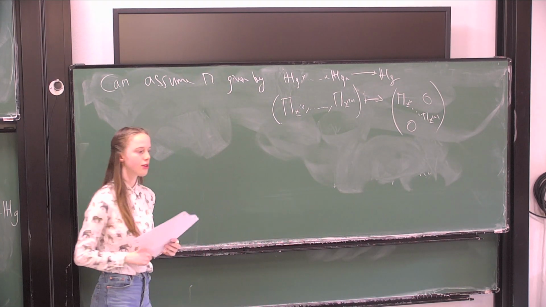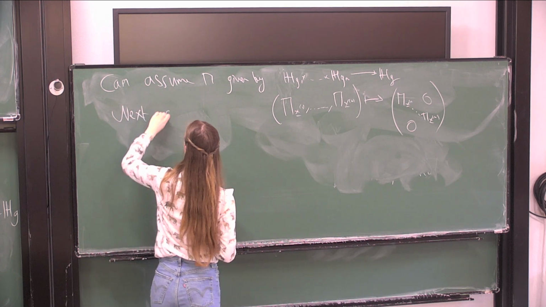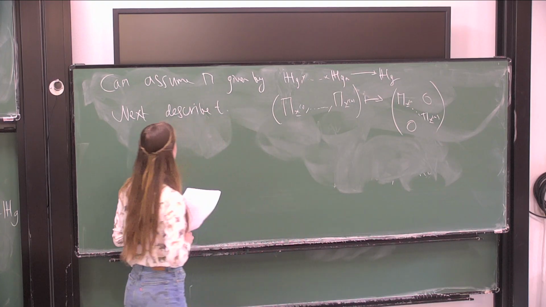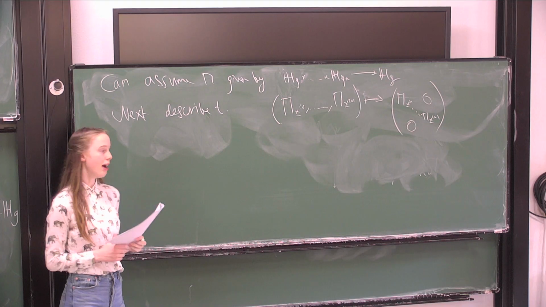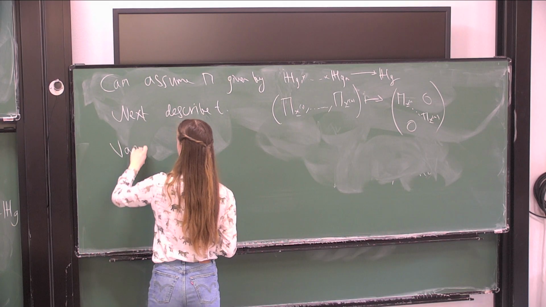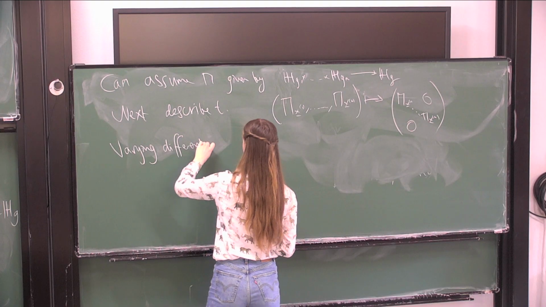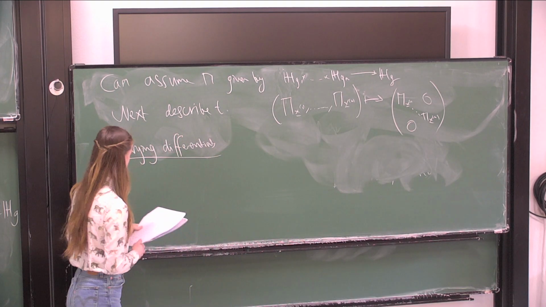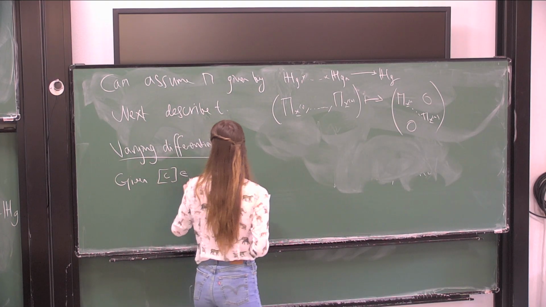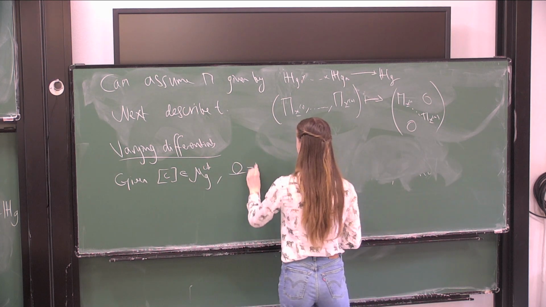So the next task is to describe the Torelli map in local coordinates. So this will be done using a method of varying differentials under smoothings of curves. So what we want to do is we're given a curve inside M_g of compact type and a holomorphic differential that we want to vary.